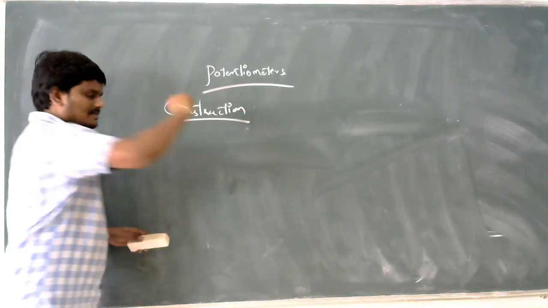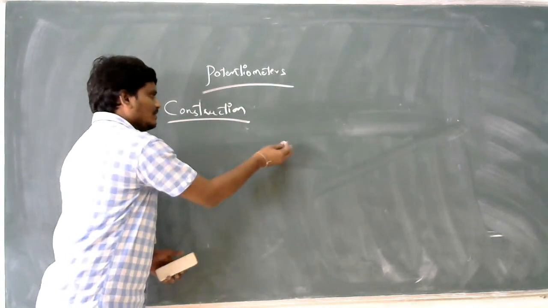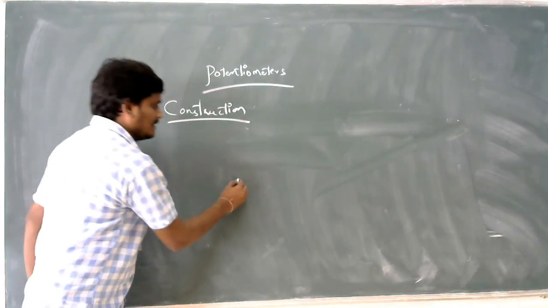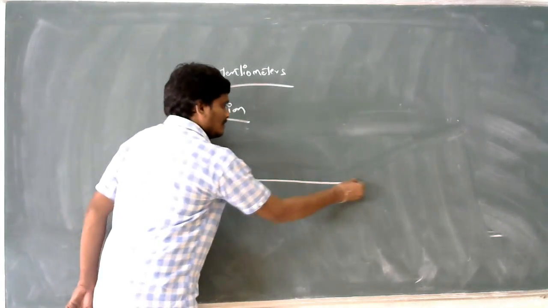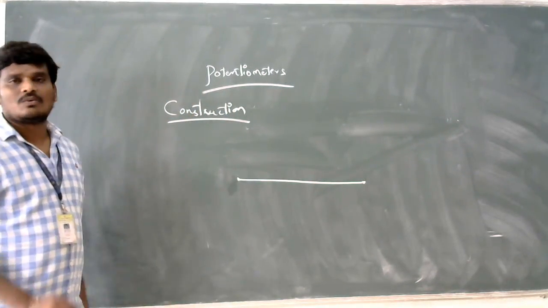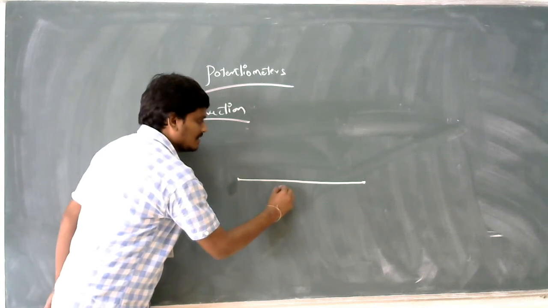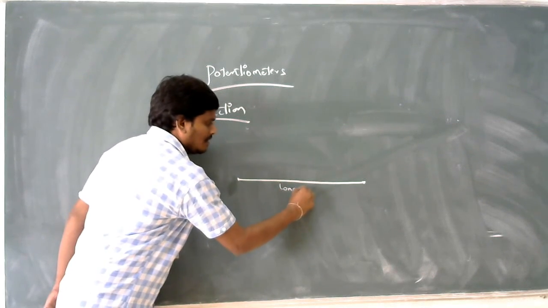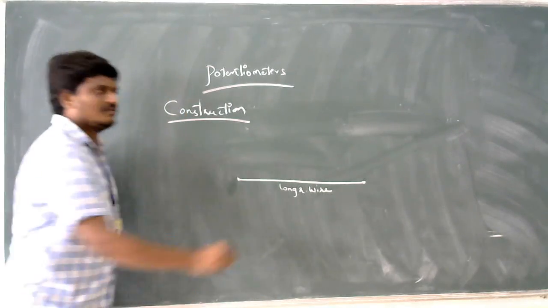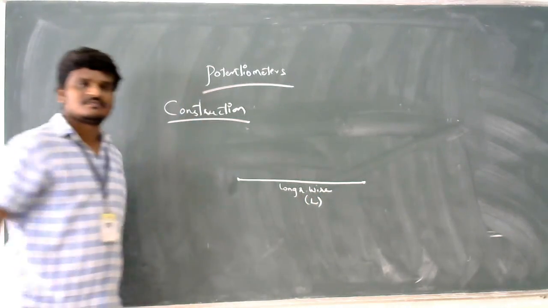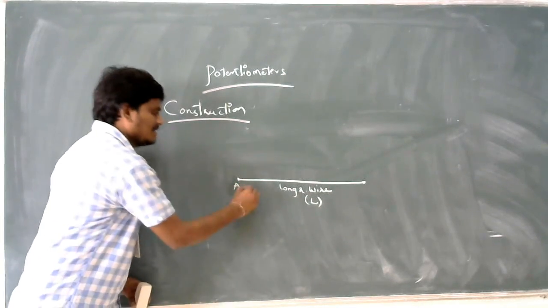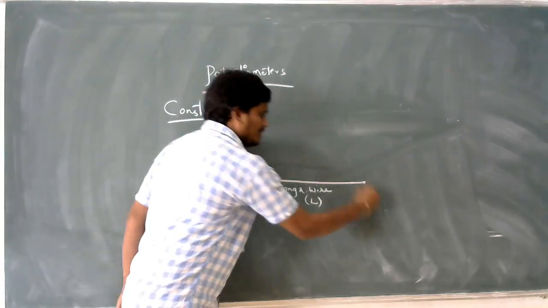For the construction of a potentiometer, I need a long resistive wire. Let the length of this wire be L, between the points A and B.